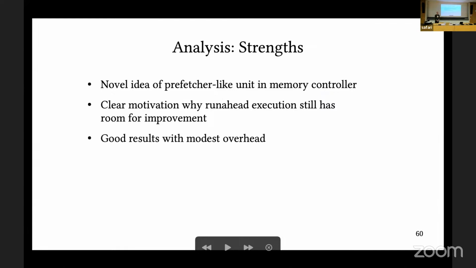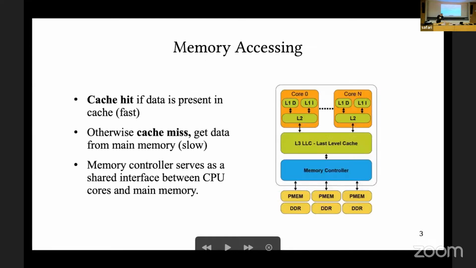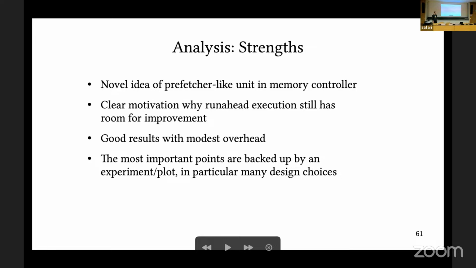Then the results we saw were good, and what we had to give up, what we had to pay, basically the cost is not too bad. So it's a good cost to benefit. The paper itself really does a good job of backing up all its points with simulations and empirical arguments.